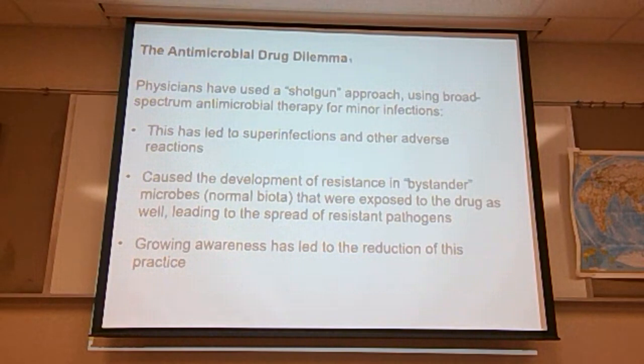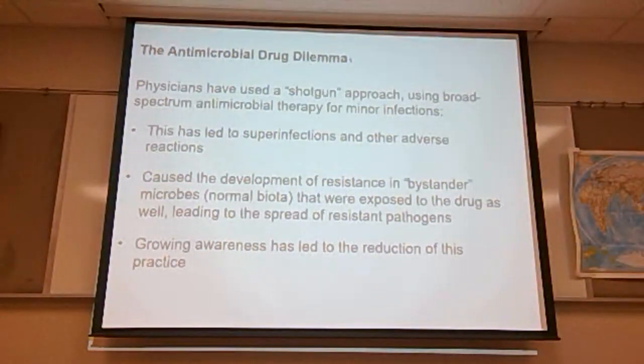For years, physicians have used what is referred to as a shotgun approach, using broad-spectrum antibiotic therapy for minor infections. This has led to superinfections and other adverse reactions. These adverse reactions can lead to the development of resistance in bystander microbes, the normal microbiota, that were exposed to the drug as well, leading to the spread of resistant pathogens.